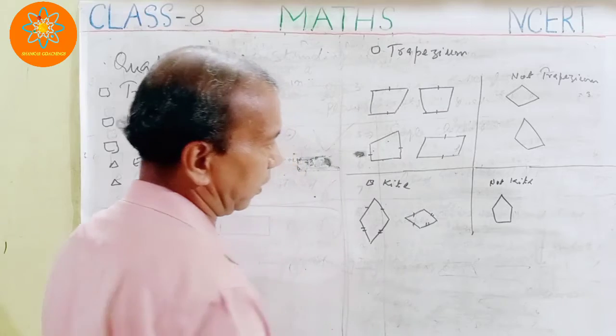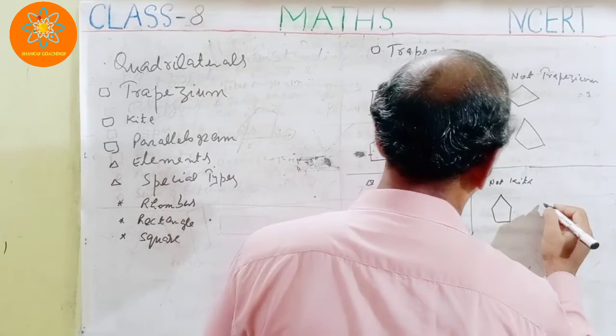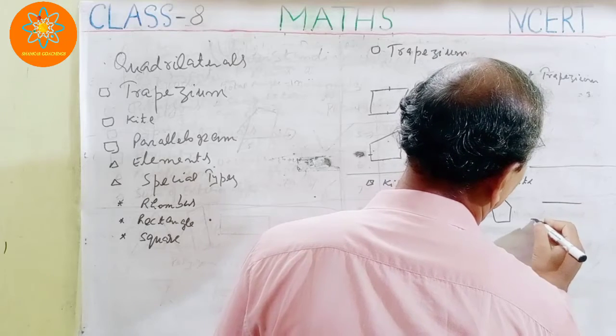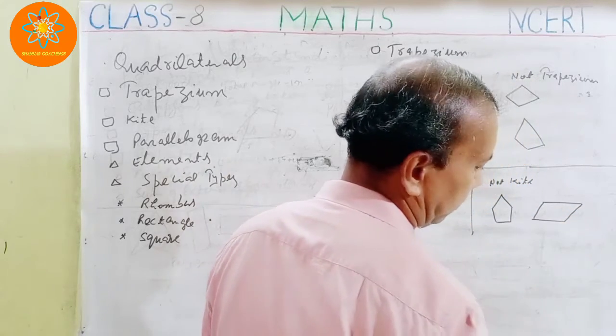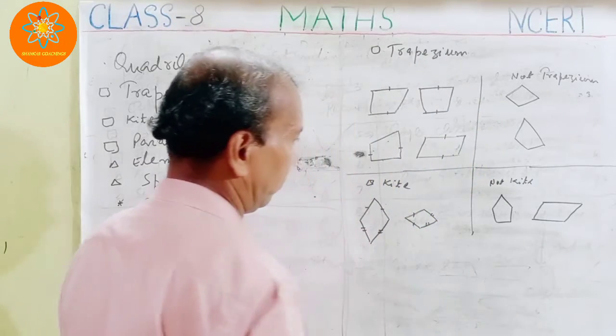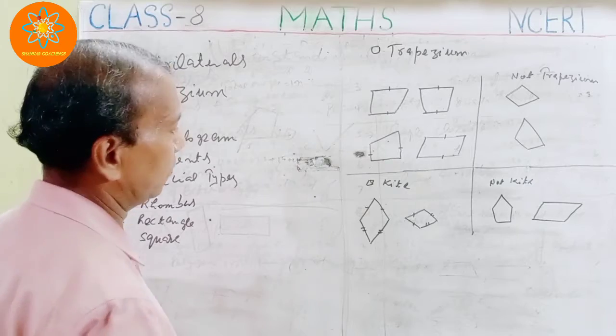So it is not a kite. Similarly, like this, also not a kite. So these are the trapezium and kite.